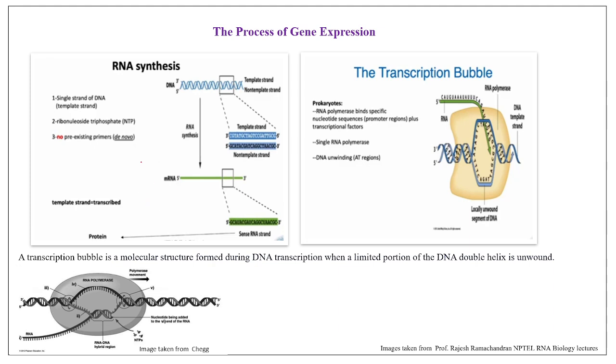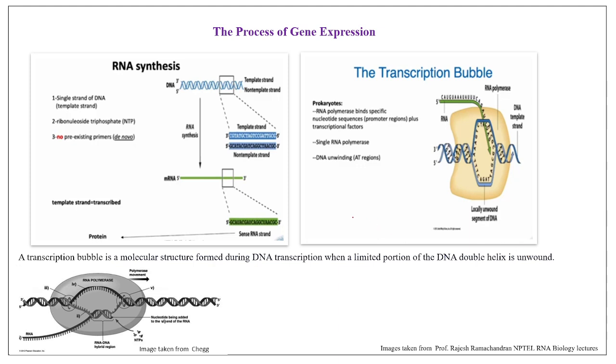When transcription happens, a transcription bubble is formed, which is very important to understand. Why? Because this transcription bubble is the place where the transcription happens. A transcription bubble is a molecular structure formed during DNA transcription when a limited portion of the DNA double helix is unbound.